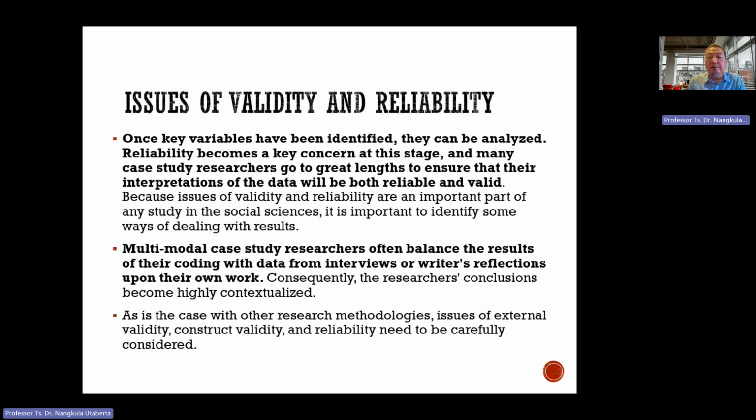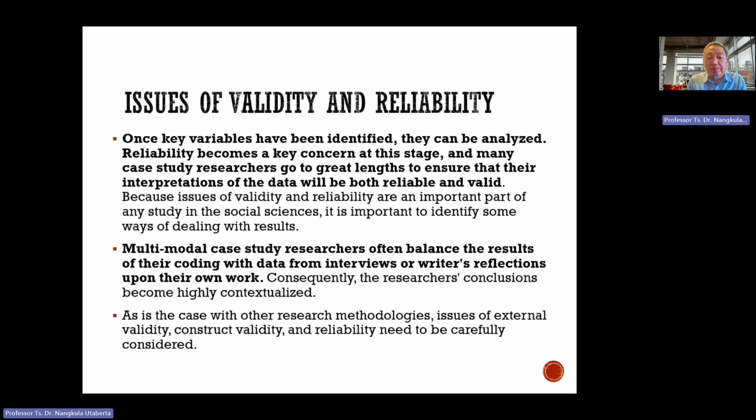So, in order to reduce those kinds of issues, you can do a reliability and validity test. You can check, which is very important, these two issues. If your data is not valid, it's not reliable, then the whole research will be invalid, and will not be serving the purpose.